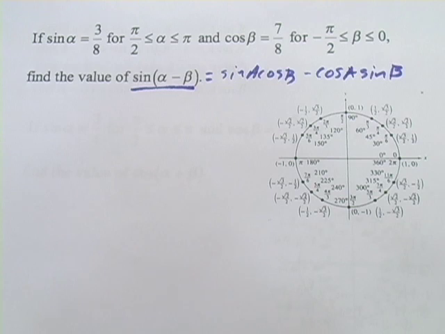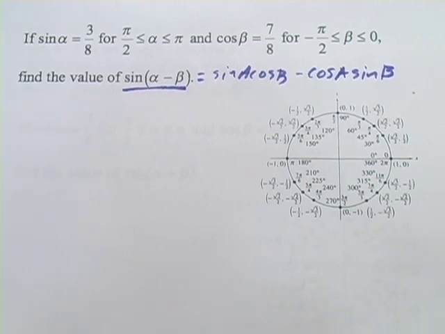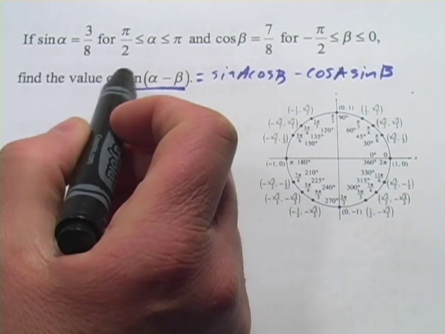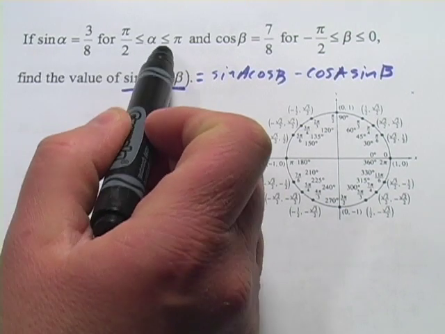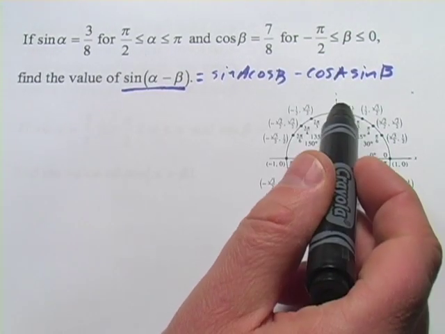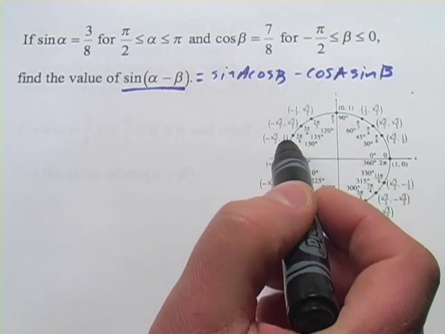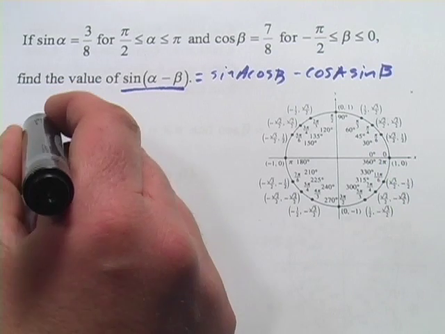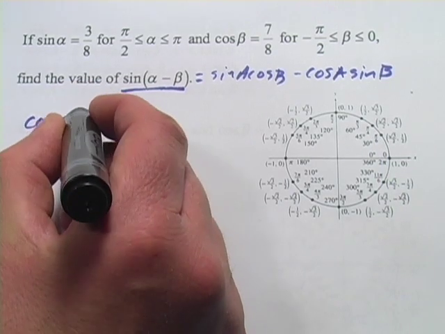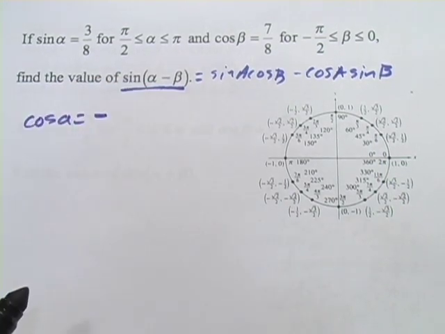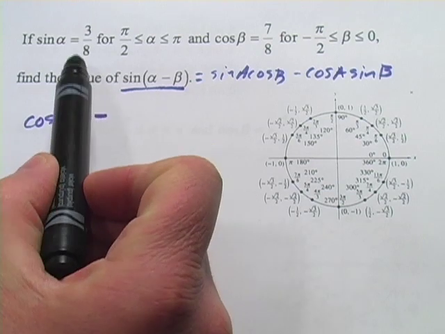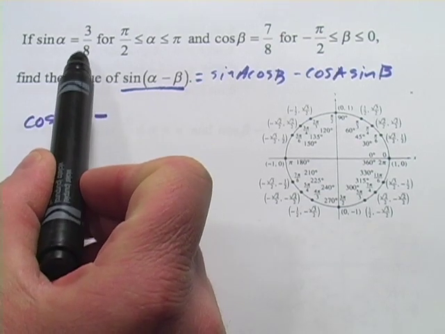All right, so we've got the right formula. Now we have to find our missing values and just plug them in. So let's go ahead and do that. Here, the sine of alpha is 3/8, and alpha is between pi over 2 and pi. So our sine is positive, but our cosine is going to be negative. So cosine of alpha is a negative something. And what we're going to need to do is take 1 minus the square of 3/8.